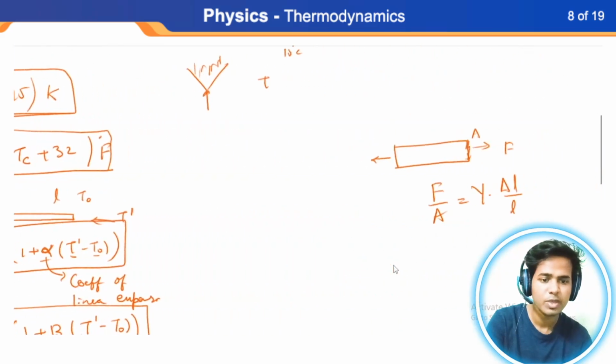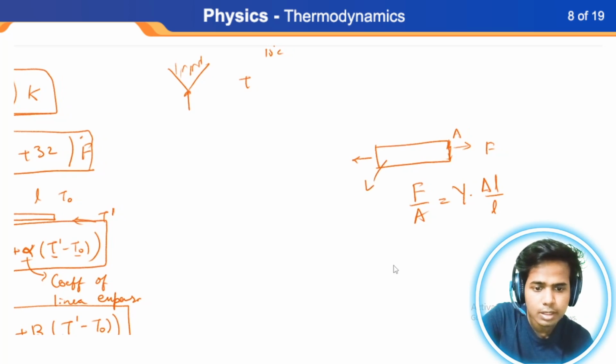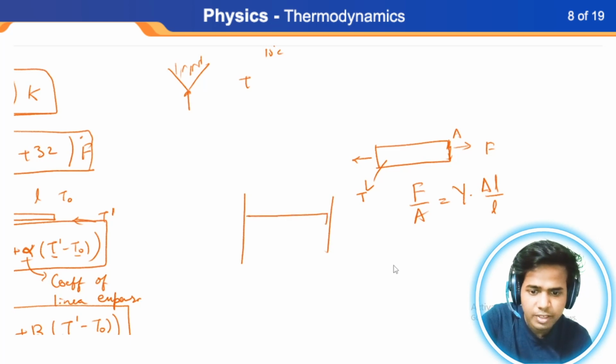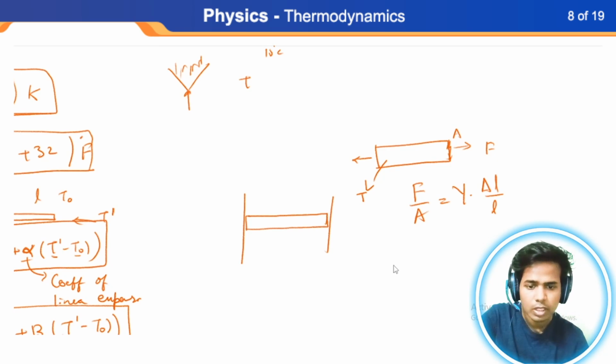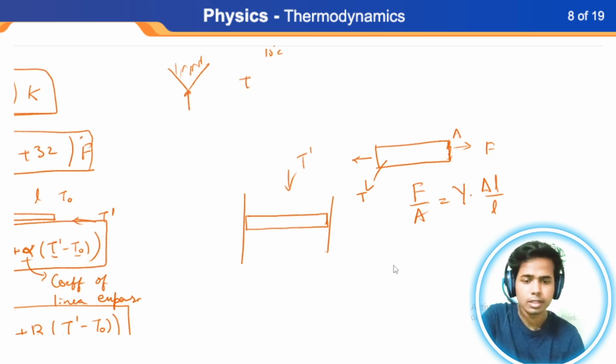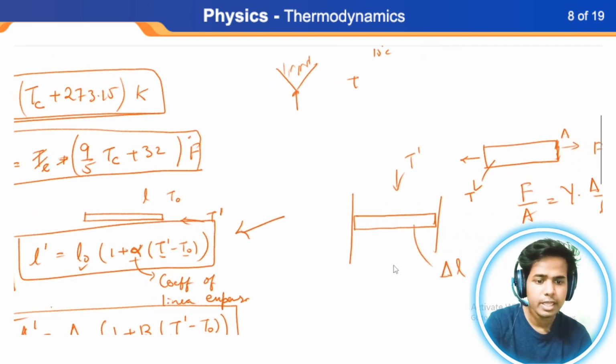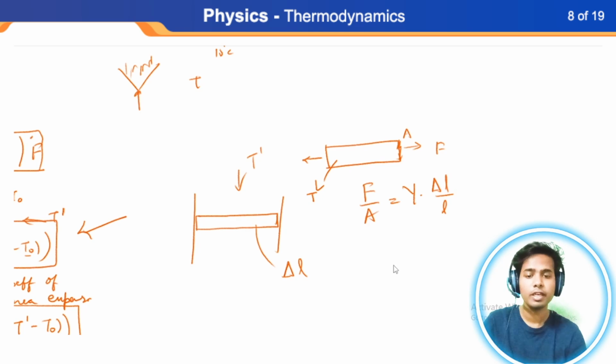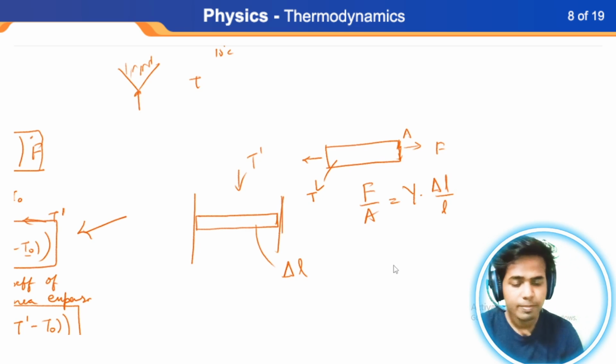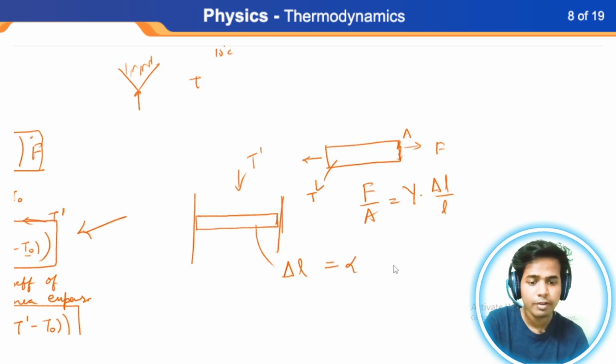Only in this case, what happens is, let's say you have heated it, or maybe there is this situation in which the rod has been fixed or stuck between two walls, and it has been heated. Now if we heat it, the change in length we can easily calculate from here. And the change in length, if the boundaries were not there, could have been easily calculated in the format of alpha into T dash minus T naught.